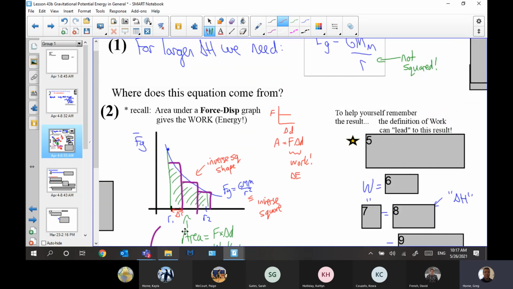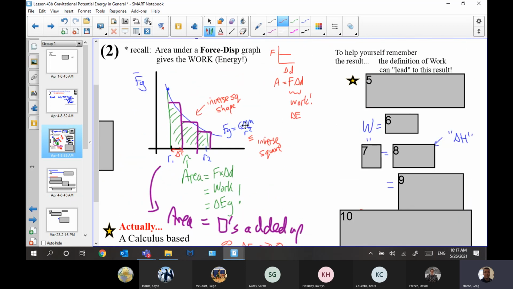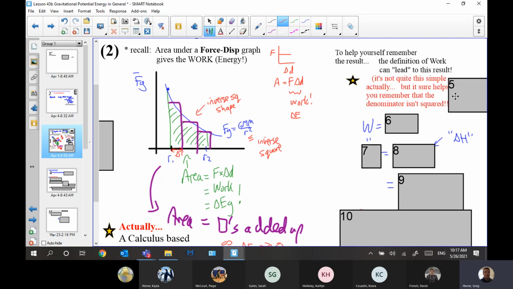So, that's a little bit mysterious, of course, right? When you see calculus later on, it's going to make more sense. You can see how that r squared just becomes an r. But it's not actually as simple as what I'm showing here, but it certainly helps you remember the result. And the idea is simply that work equals force times distance. And we've got the gravitational force times r, like the distance you go is r.